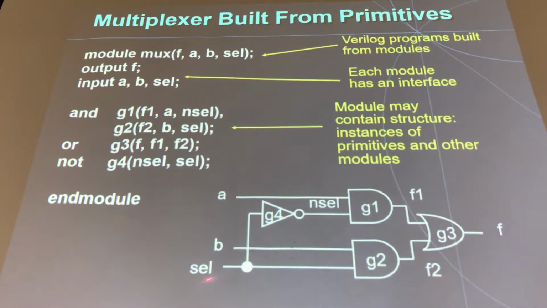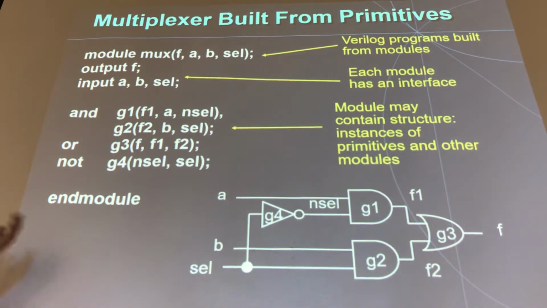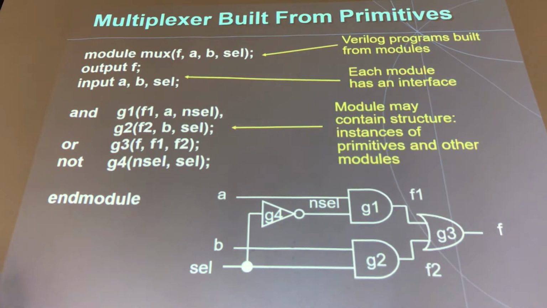The sel is a control signal, or in general, an input signal, to decide what the output F will get, either A or B, depending on the value of sel. If 0, A will go through. If sel is 1, B will go through. That's a 2 to 1 multiplexer. And how many gates do you have? 1, 2, 3, 4. 4 logic gates.